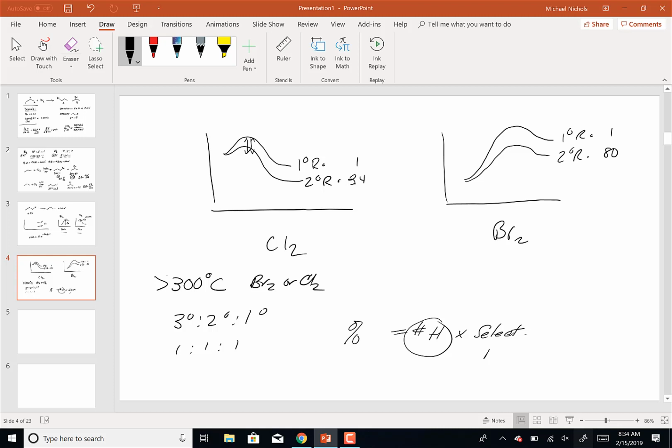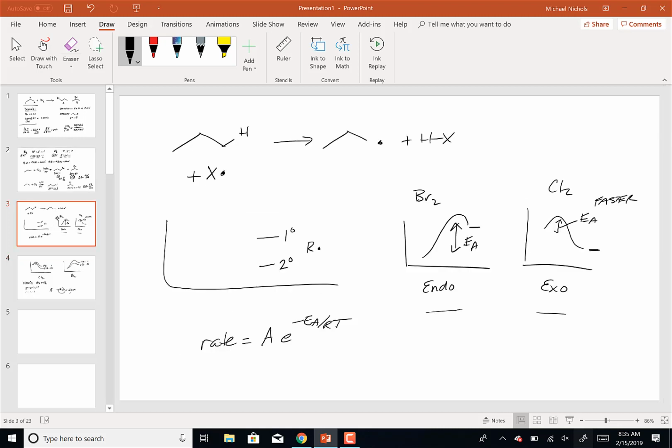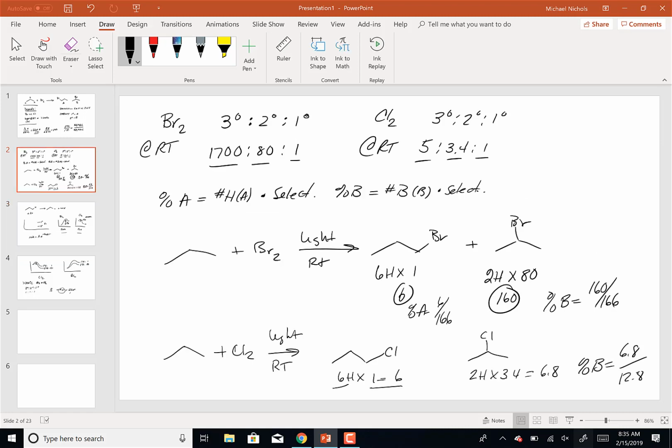So going back to the propane, we'll go all the way back here to the propane. We had 3 times as many A hydrogens as we had B hydrogens. Basically, that means that at best, I could form 75% A and 25% B. Because it's a 3-to-1 ratio, A would be 3 out of 4 and B would be 1 out of 4.